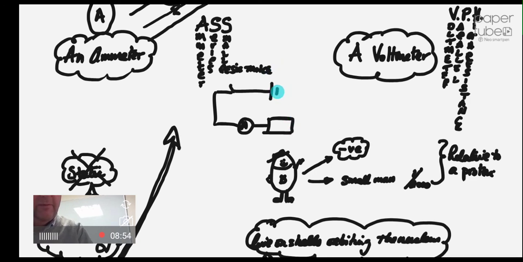And we're going to vary the current using a rheostat or variable resistor. There's our resistor, and I want to measure the voltage across that. Think of Vince's bow legs. And there it is. And this is also the diagram for Ohm's law. So there's an introduction to electricity. See you shortly.